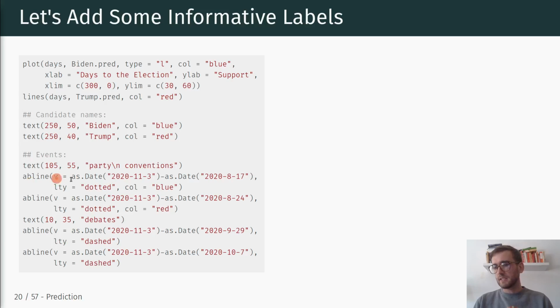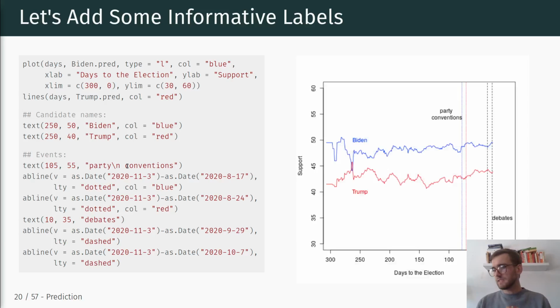Specifically, I'm adding here abline v, which creates a vertical line where the position of this line is given by the difference, always between election day and the day of the party conventions first and the day of the debates. And then we also added some labels for debates and party conventions, right?